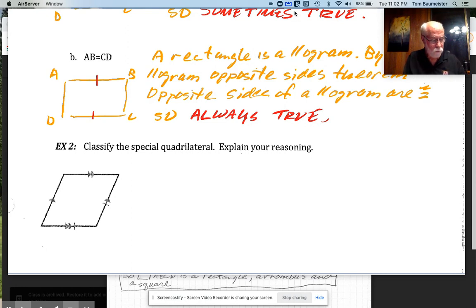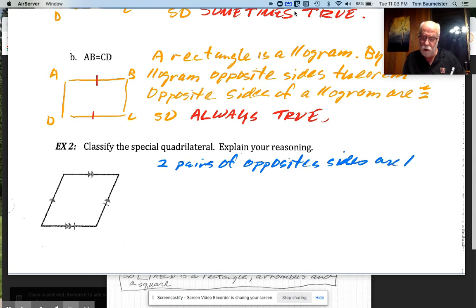So on this one here, we can say two pairs of opposite sides are parallel. So by definition, it is a parallelogram.